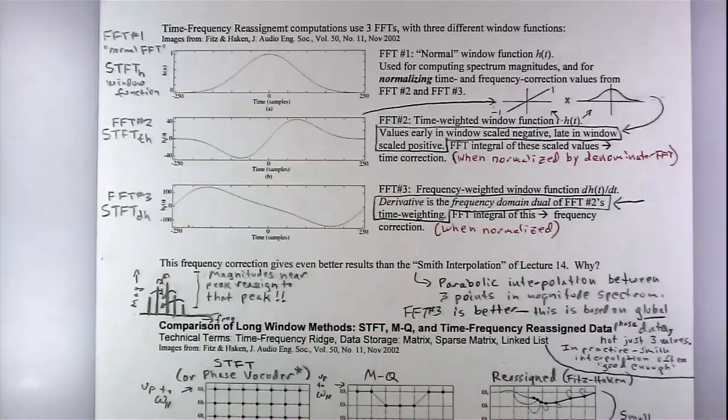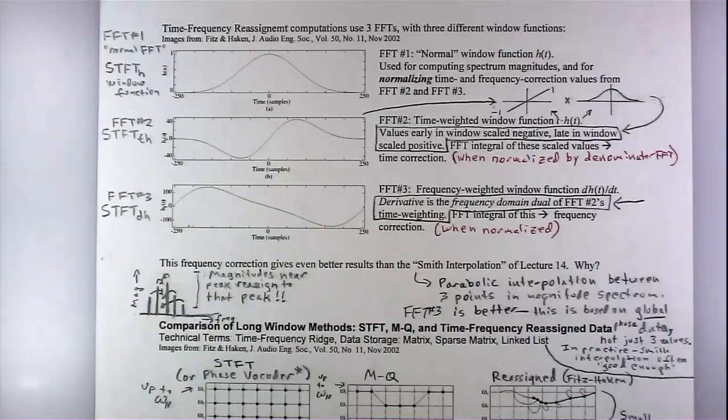Now, just to touch base again, what are you going to do? Normally you would have a long window function that might look like that. Certainly a Kaiser window could look like that if you put the right parameters in. You usually use a different shaped Kaiser window. But in any case, if that's your window, then at each FFT you would also do one with this shaped window, which is easy to generate once before you even start.